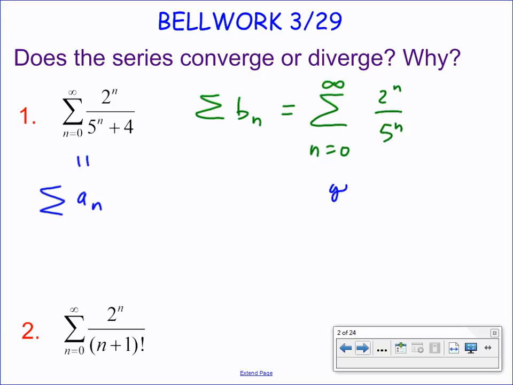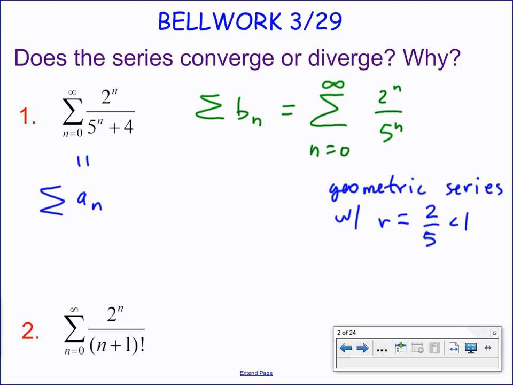This is a geometric series with r equals 2/5. We could rewrite that as 2/5 all to the n, which is less than 1, so that converges. Okay, so we've chosen a series to compare it with.